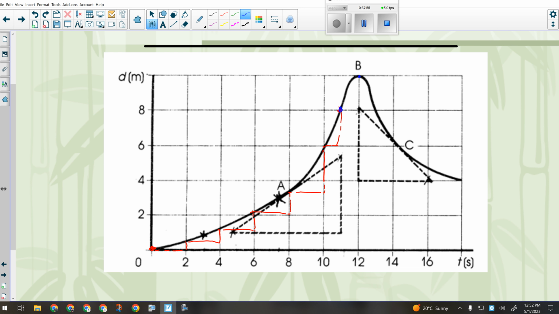Okay? During part A, it's accelerating. That's when I'm throwing it up in the air. It's going faster and faster and faster. As soon as it leaves my hand, what's pulling on it? Gravity. Gravity slows it down, slows it down, slows it down, stops for just a second, and then pulls it back down the other way.